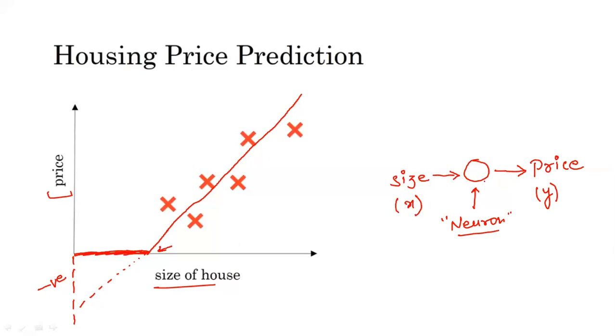Now one thing to notice is that I have drawn a very complicated function here. This function tends to be at a zero level up to some point, and then at some point it boosts up like this in the form of a straight line. This function is called the ReLU function.